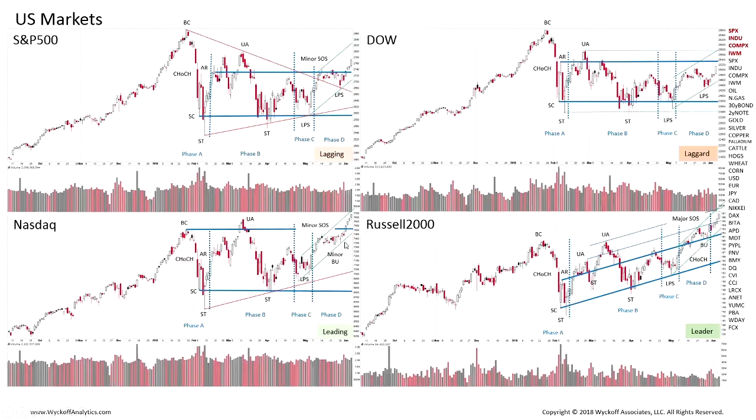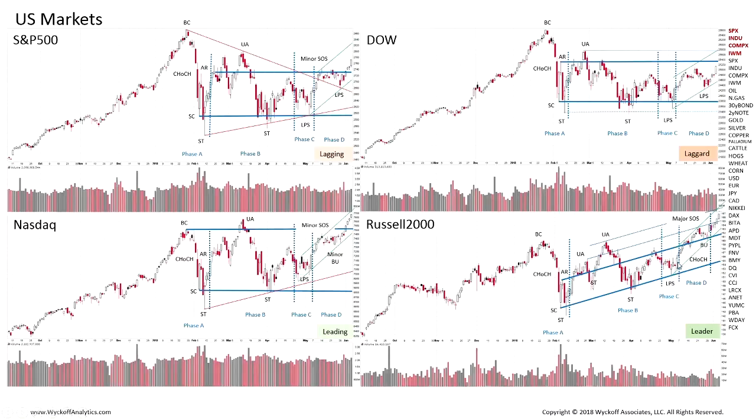And at this point, it resolves itself above that, and look at how easily it goes right through the resistance area, and it's up and out. The Russell's actually looking even a little better than that.